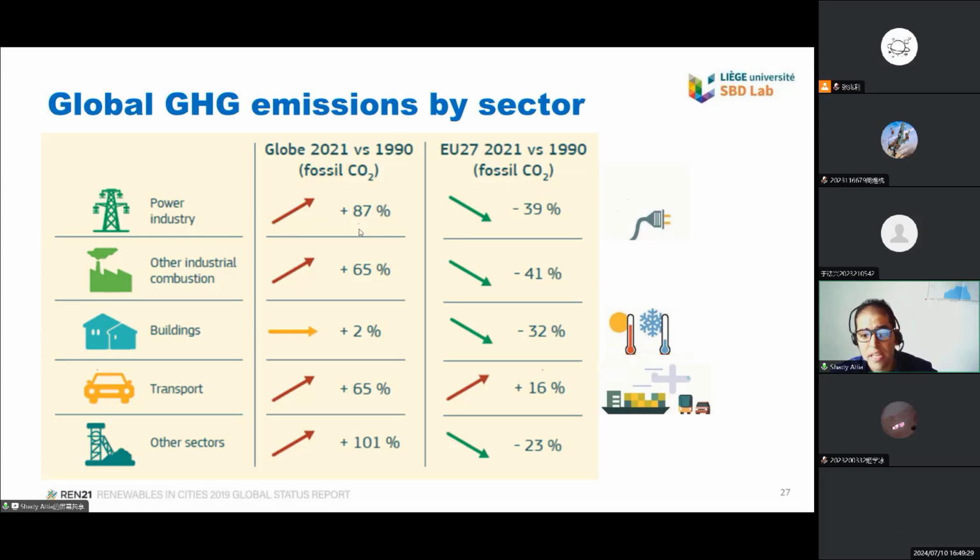So you can see here that in the 90s, for example, Europe had continually increasing emissions from the power industry, the industrial combustion, the building sector was almost stable, the transport was increasing, other sectors increasing. And when we compare what happened in the 90s to 2021, maybe you can say yes, there was COVID, but still, in general, there is a trend to go lower and lower and lower.